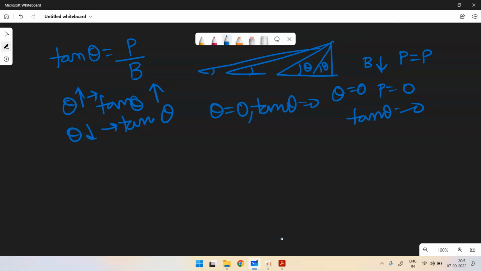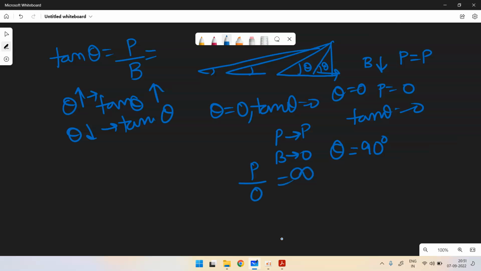I forgot to mention that if this theta is so close to here, that is, if theta is 90 degrees, then you can see that the perpendicular remains the same, that is p, but the base tends to 0. Now if you put p by 0, that is nothing but infinity.